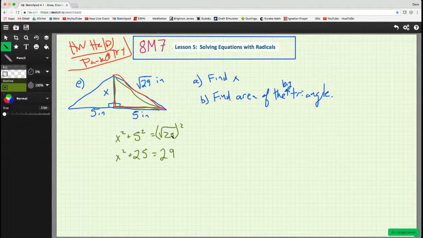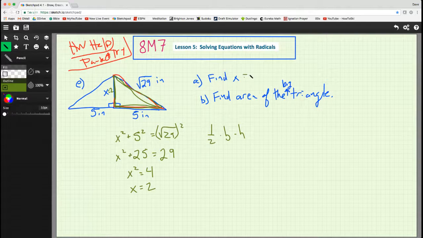If you take the square root of a number and square it, you get the number. So x squared is equal to 4, so x is equal to 2. Here x can't be negative 2 because we're doing geometry, and in geometry there are no negative lengths. So x is 2.